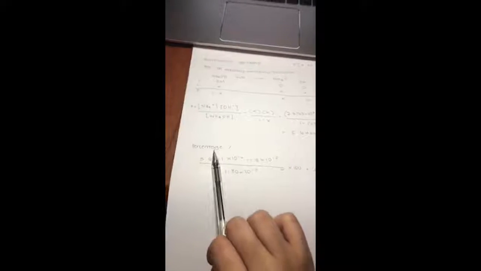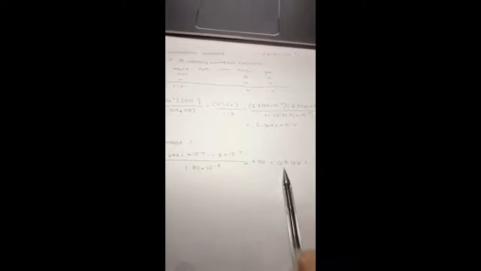Then substitute it here, and we get 5.64 times 10 raised to negative 6, which is the dissociation constant of ammonia solution. Then the percentage error is equivalent value minus the true value over the true value times 100, giving us 68.66%.